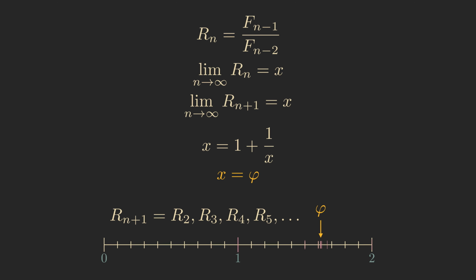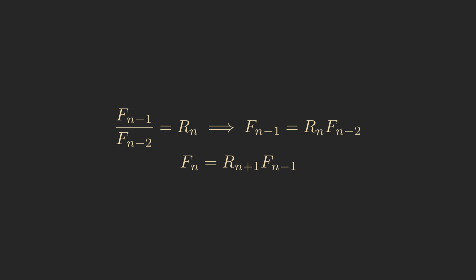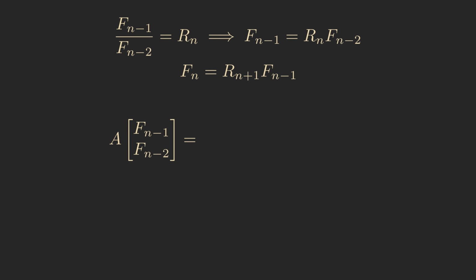As for why the golden ratio appears as an eigenvalue of A, we can rearrange the definition of R_n to get that F_(n-1) equals R_n times F_(n-2), and that F_n equals R_(n+1) times F_(n-1). If we take the vector (F_(n-1), F_(n-2)) and multiply it by A, through the properties of A, we get (F_n, F_(n-1)).